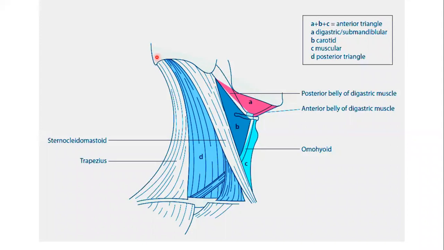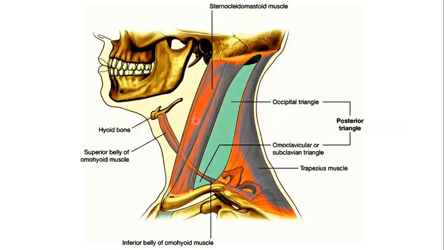This area is divided, beautifully, by the obliquely placed sternocleidomastoid into an anterior triangle and a posterior triangle. Here, this posterior triangle is further subdivided by the inferior belly of the omohyoid. The upper portion is the occipital triangle, near the occipital bone.